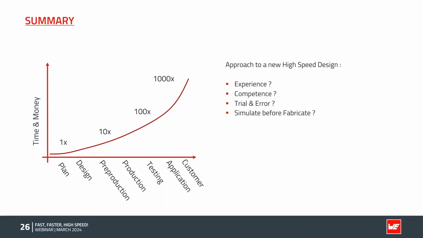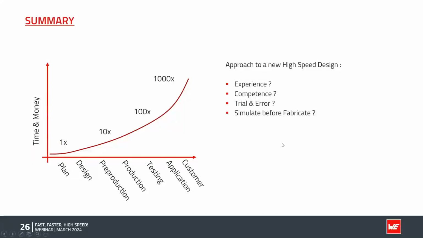So let's sum up all these interesting things. I think everybody knows this graph about the effort during the project phase. You have the early phases, where the time and money effort is pretty low, and the later the project gets, the more effort it is to change something.